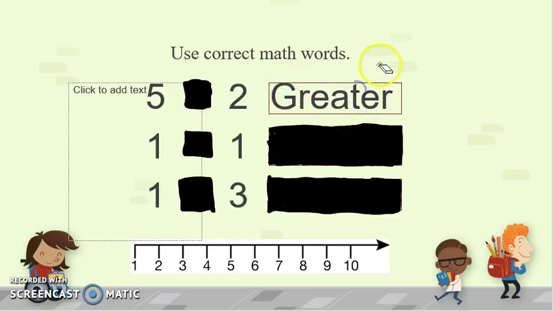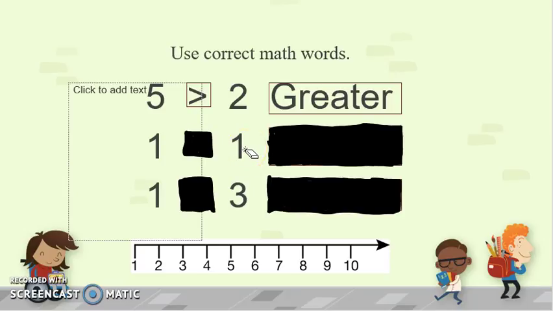Now, if we're going to do our sign for greater, we know that it looks like the alligator's mouth is going towards the bigger number. So let's see what it's going to look like. Okay, so now we have 1 is greater than, less than, or equal to 1.